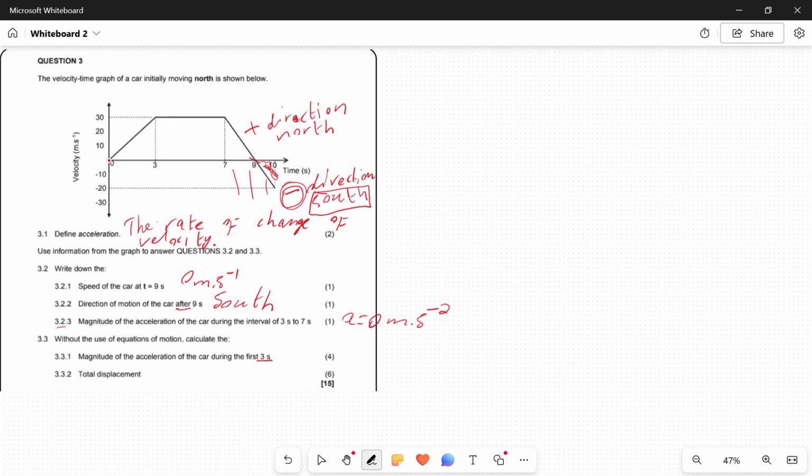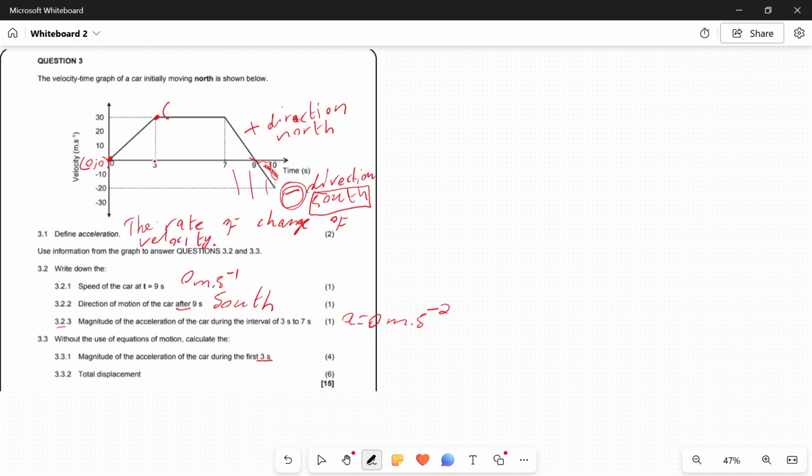Okay, so let's do that. Now we have to firstly find our points. I'm gonna have this point, the starting point, and also the end point here. So the starting point is 0 and 0 because our object is starting from rest. The time is still 0, it hasn't moved, and the velocity is also 0, but after it has moved for 3 seconds, it has reached a new velocity.